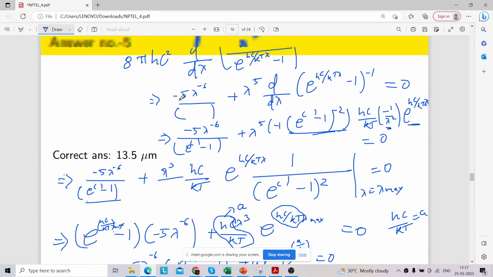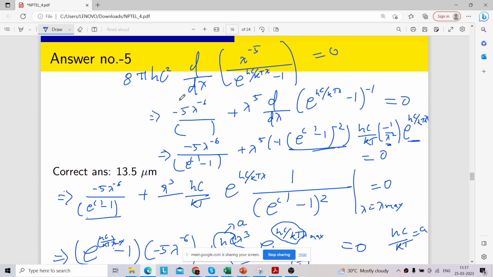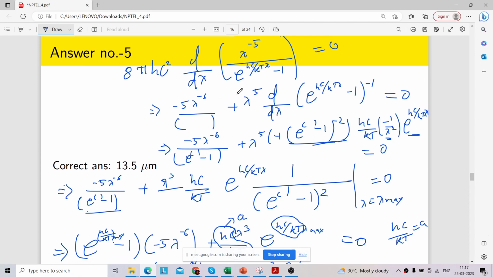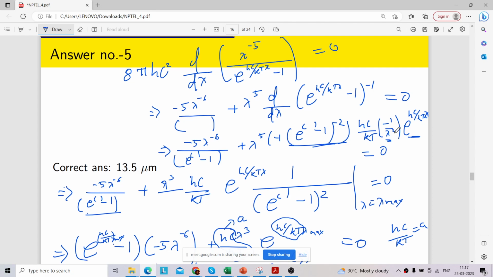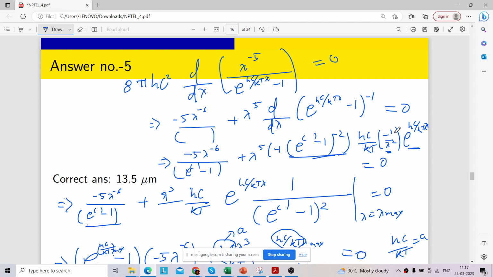How I got lambda cube? Did I do any mistake during this derivative?